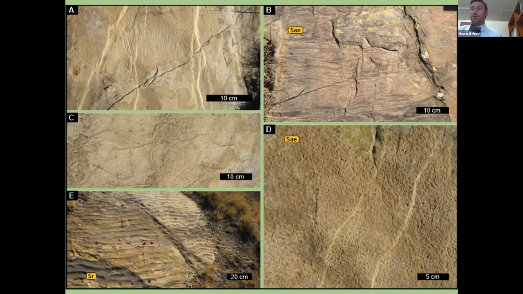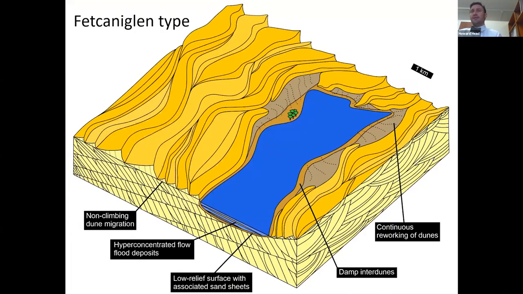And overall, these show lake margin processes during deposition of the lake deposits. So overall, the Fetkani glen lake type reflects an extensive interdunal lake that was extensive enough where precipitation-related flood events allowed for hyper-concentrated flows to enter these lake bodies, as we see in this illustration here.